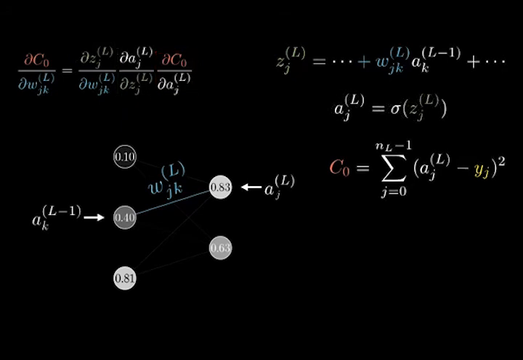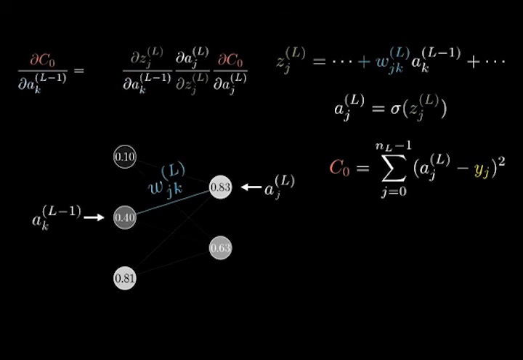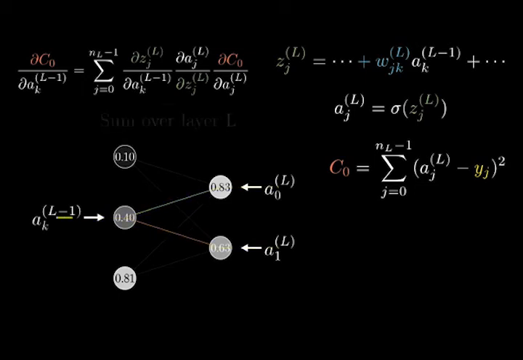What does change here, though, is the derivative of the cost with respect to one of the activations in the layer L-1. In this case, the difference is that the neuron influences the cost function through multiple different paths.